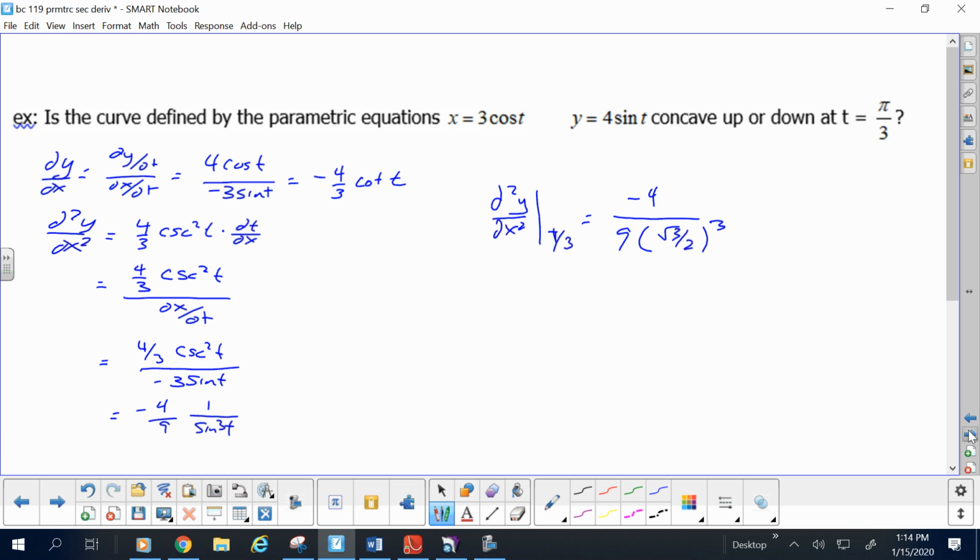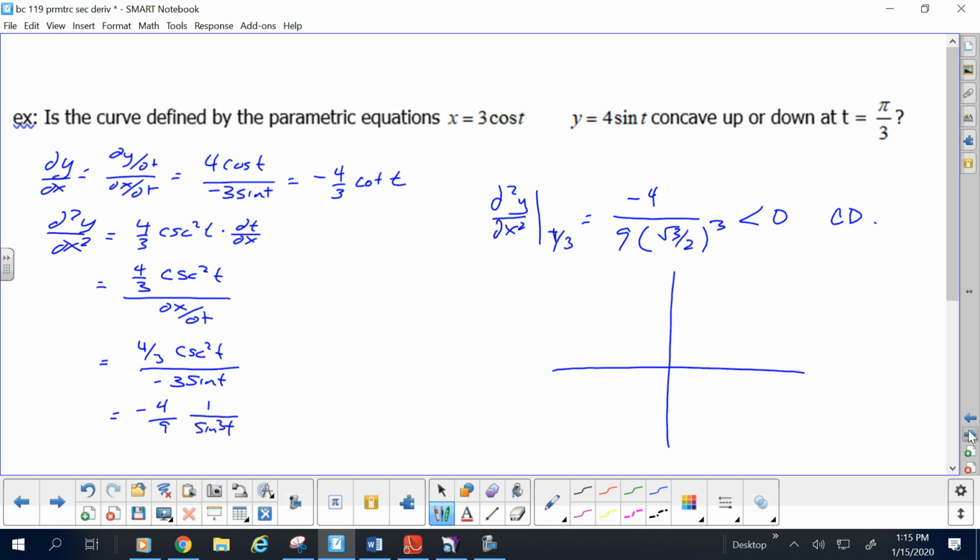So what does that imply? Concave up or concave down? Concave down. Okay. Cool. What's this graph look like? How do you eliminate the parameter?